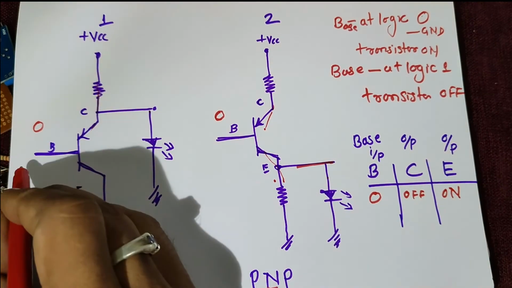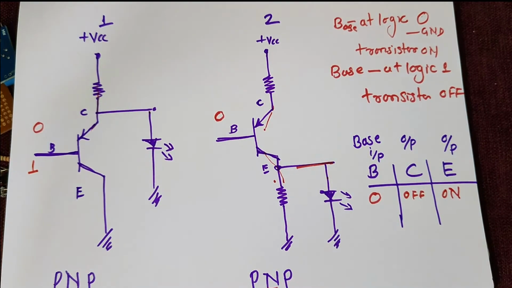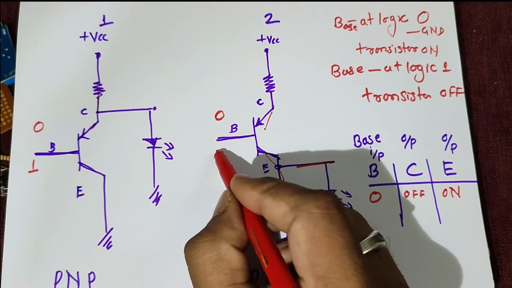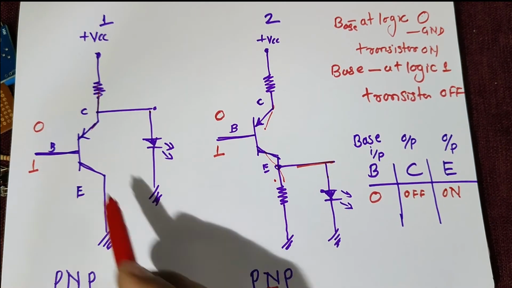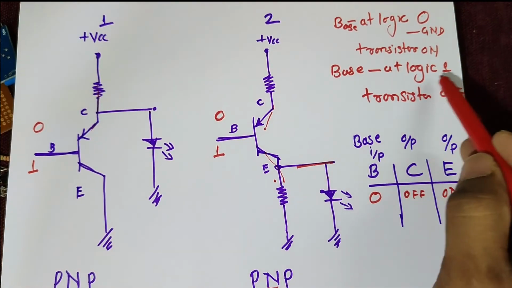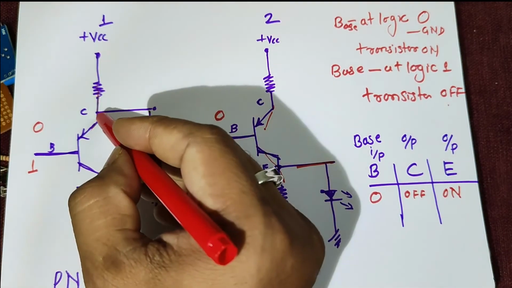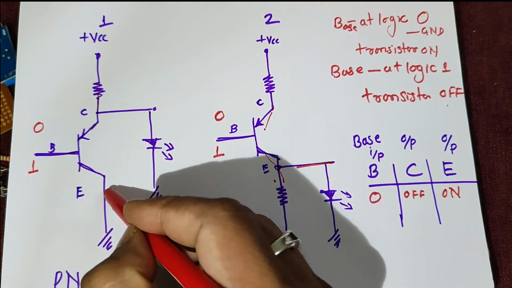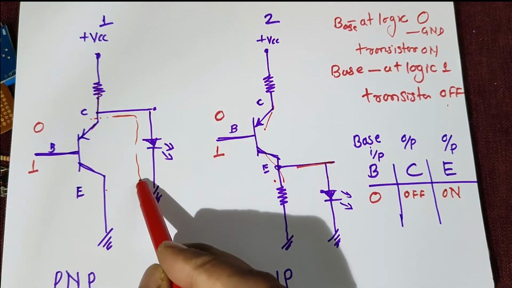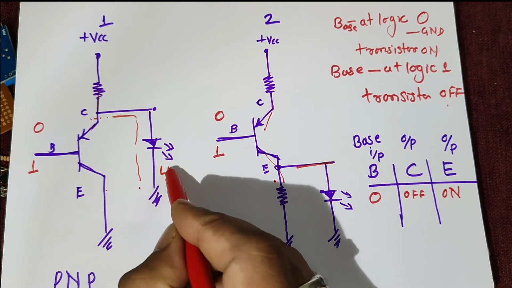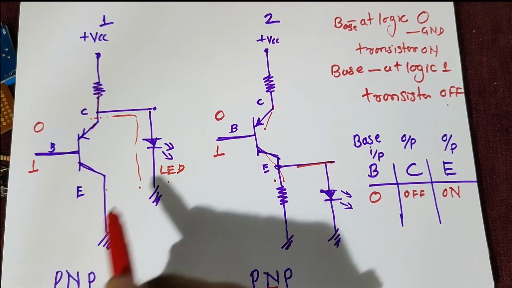Now let us change the logic. If we make logic 1 over here at the base, as it is a PNP transistor, the transistor is off, so there will be no flow of charge from collector to emitter. Whatever charge is there will flow from the collector to the output, that is towards the LED which is acting as a load.